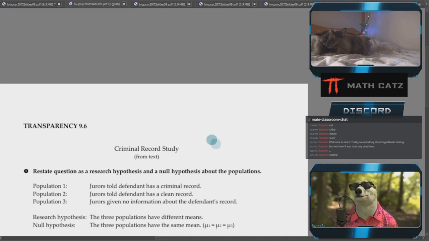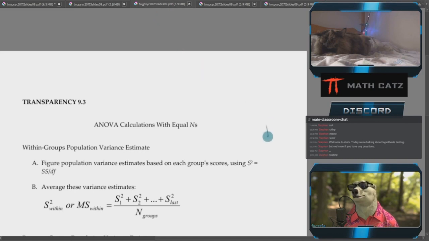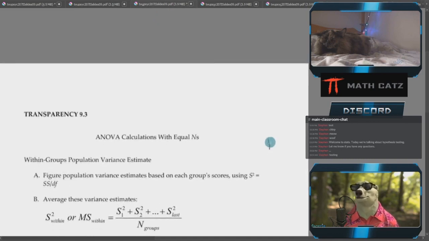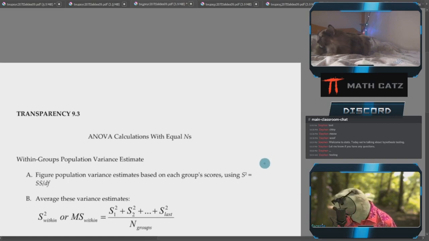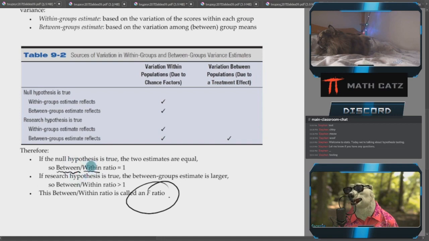So before I go further in that slide, let's have a look at how we're going to calculate these things. Because remember, we want to calculate this ratio. So first of all, within.